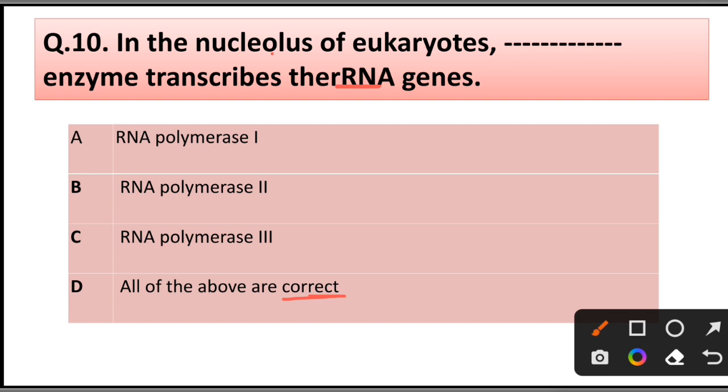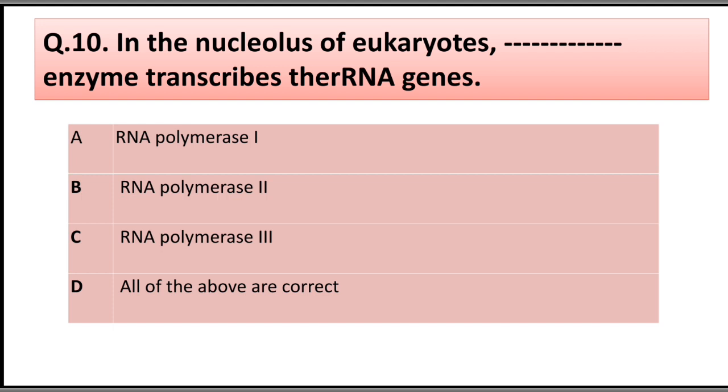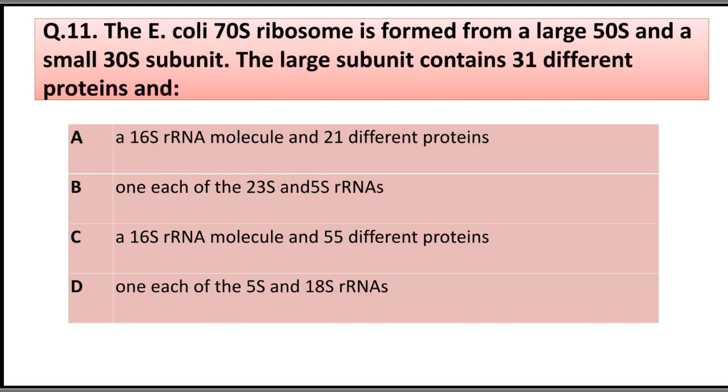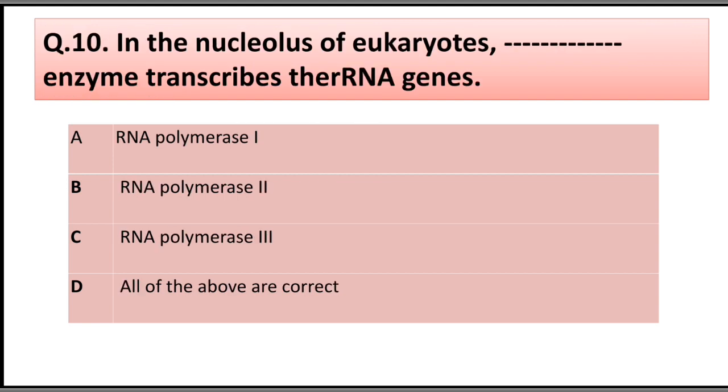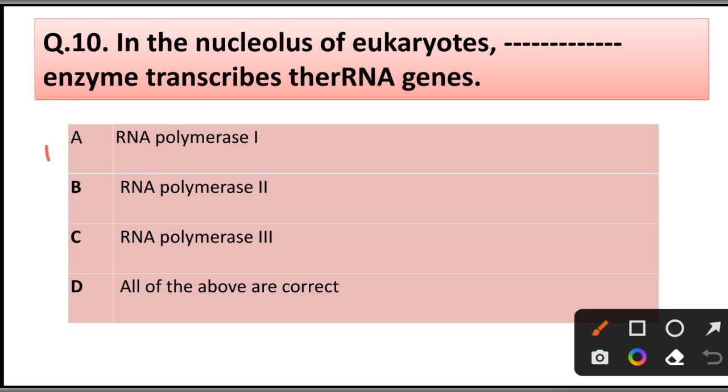The correct answer is RNA polymerase 1. RNA polymerase 1 transcribes rRNA genes. RNA polymerase 2 transcribes mRNA genes, and RNA polymerase 3 transcribes tRNA genes.